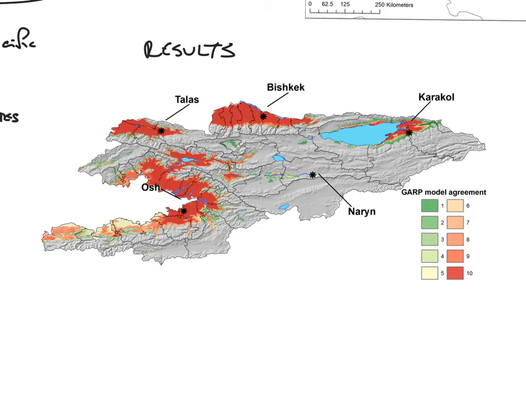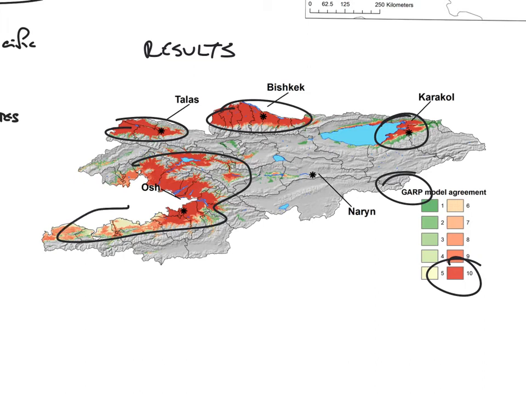As I mentioned earlier, this was a GARP study, so we can see here that we're getting a GARP output. We have a map of Kyrgyzstan, and we have some indication of where the likelihood is highest. That's indicated in the red areas. So very quickly, our reader can draw their attention to these areas and see the greatest areas of risk for the likelihood of the anthrax pathogen to be found.